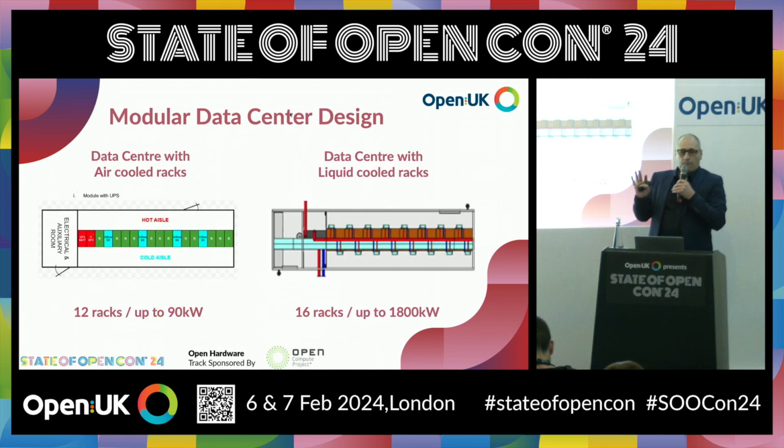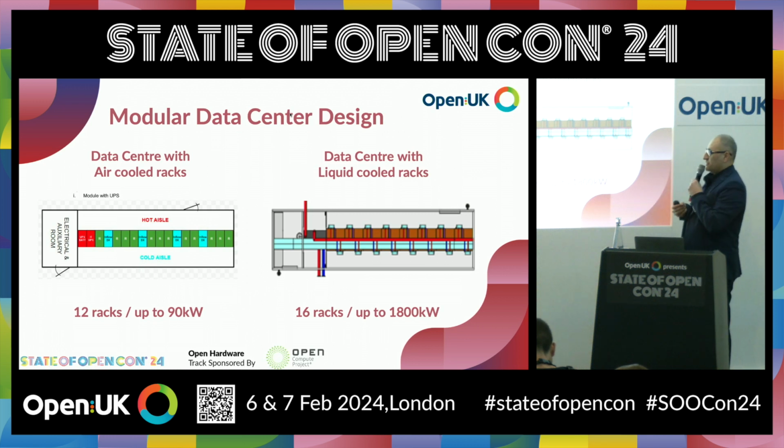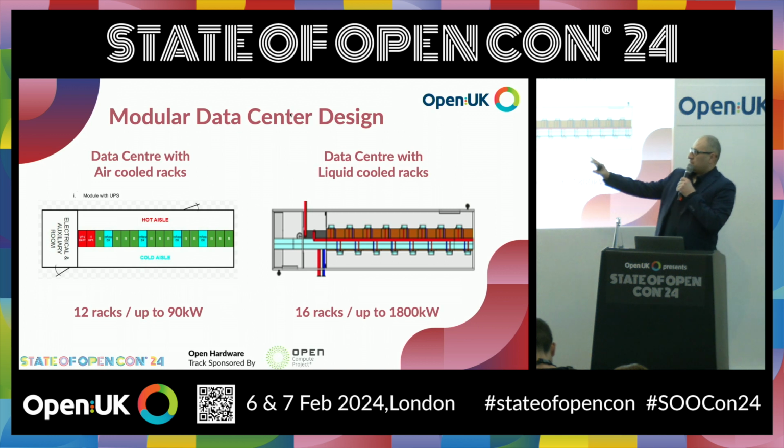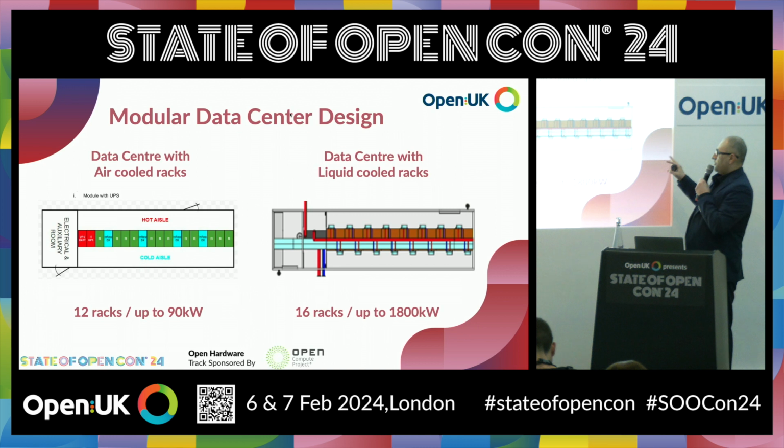And now you see a modular data center, also open source, which you can take, implement, make better, and give back, and improve the open community aims. So if we compare, air-cooled is 12 racks, 90 kilowatts, and the open source one dedicated to AI is 16 racks with 62 kilowatts.